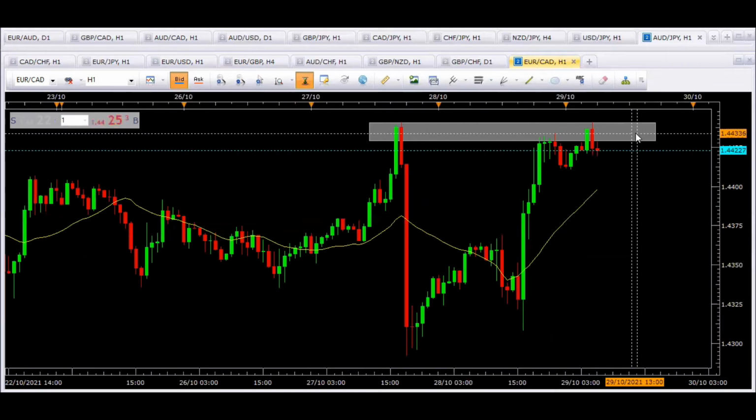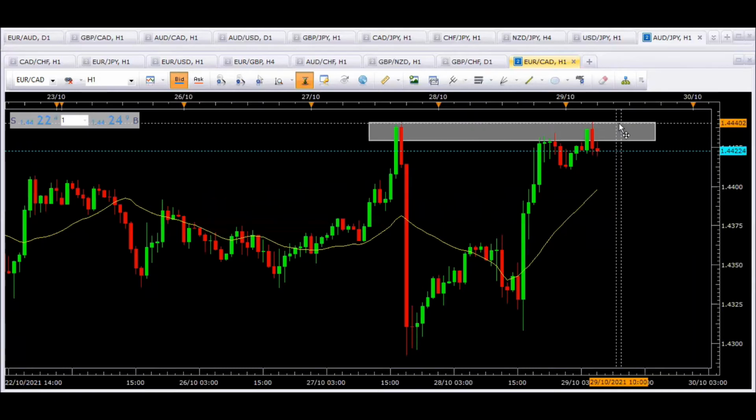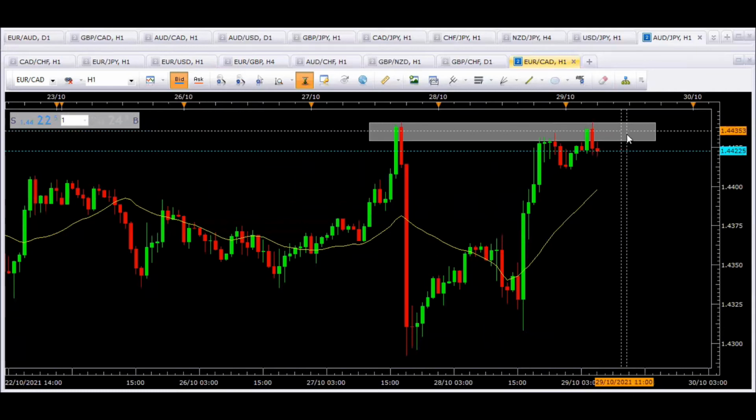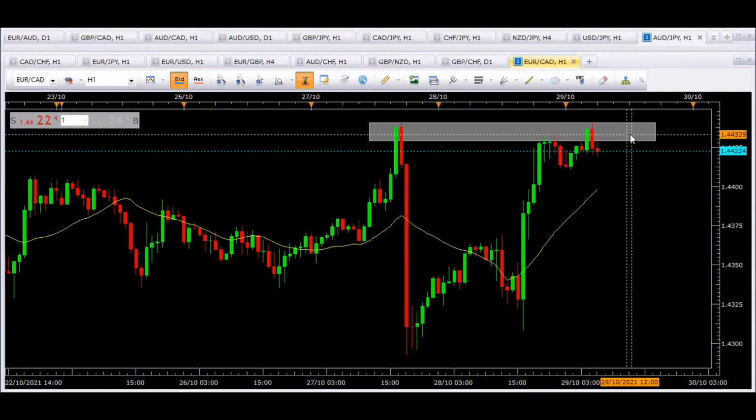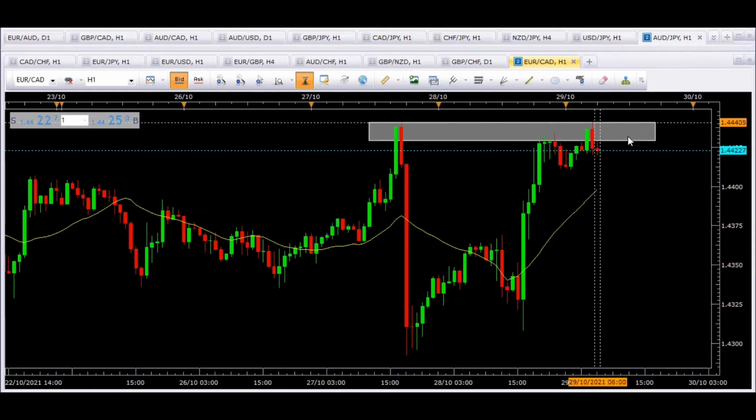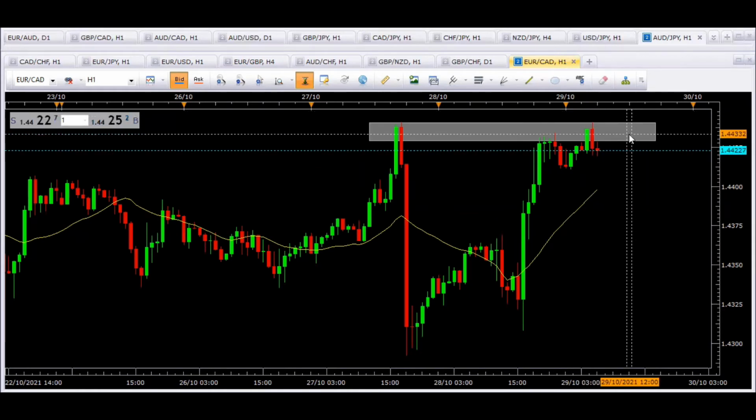And again, a large bullish candle pushing off of the gray area to the upside. So that's what I'm looking for on the euro Canadian dollar for a long, for a buy. Break this gray area, come back, retest this gray area, and push off upwards with a large bullish candle. Okay, guys, so that's a potential euro Canadian dollar trade.